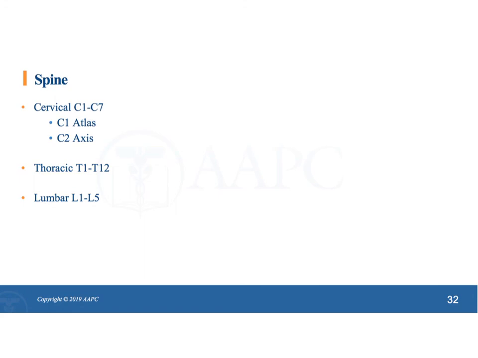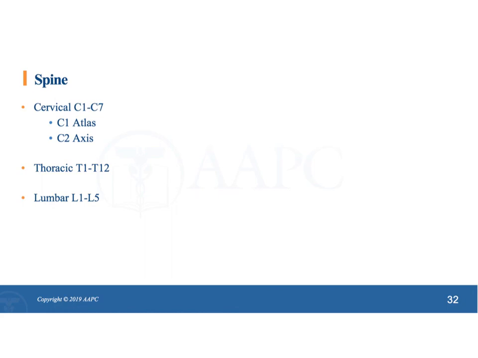Thoracic vertebrae come next and include 12 vertebrae. They are referred to as T1 for the first thoracic vertebra, and so forth. Next comes the lumbar spine, vertebrae L1 to L5. At times, op reports can specify areas involving portions of one or more than one group of vertebrae.